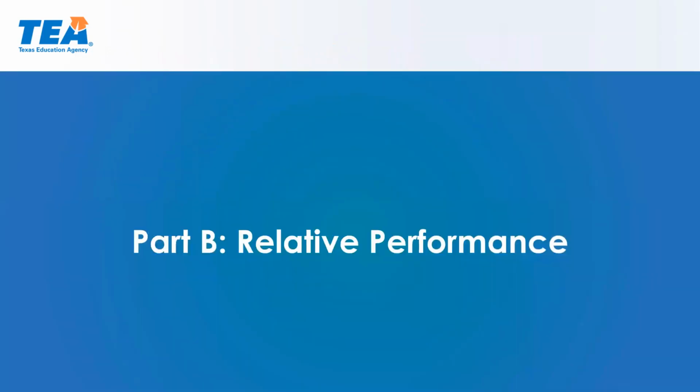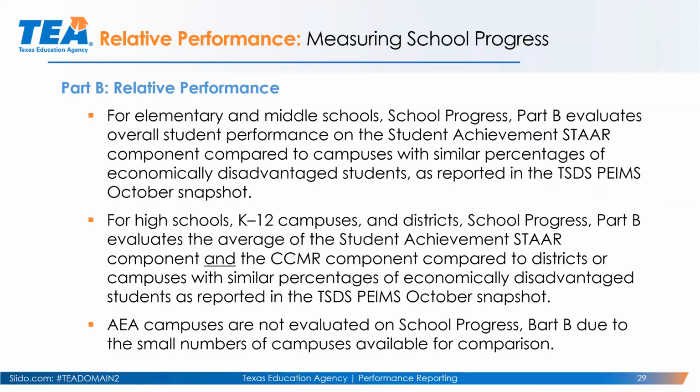Now let's discuss Part B, relative performance. For Part B, relative performance, we look at the following. For elementary and middle schools, we evaluate overall performance on the student achievement STAAR component compared to campuses with similar percentages of economically disadvantaged students as reported on the PEIMS TSDS October snapshot.